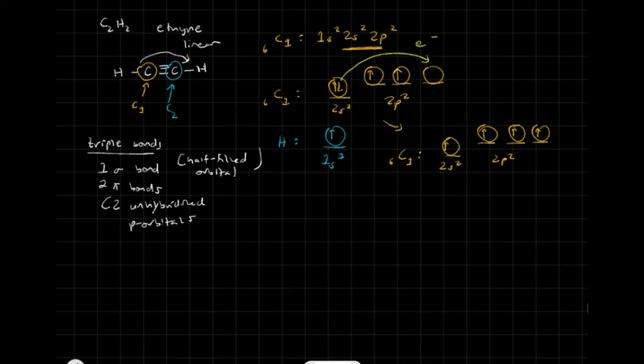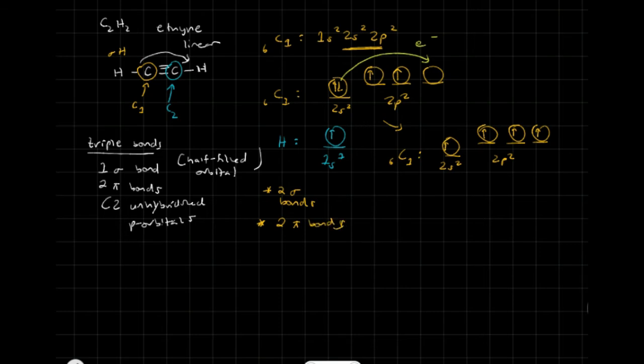But the issue is we also have another sigma bond with the hydrogen. The triple bond itself has one sigma bond, but we need two sigma bonds: one sigma between carbon and carbon, the other between carbon and hydrogen. So we need two sigma bonds and two pi bonds.